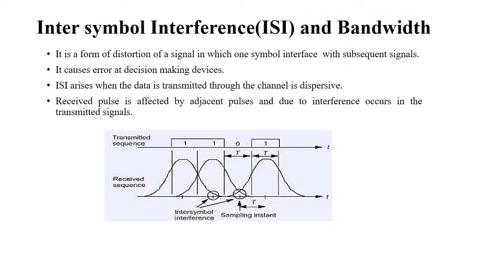In digital optical communication, a light pulse will broaden as it travels along the fiber. This pulse broadening causes overlap with neighboring pulses and makes them unrecognizable. This is called intersymbol interference.